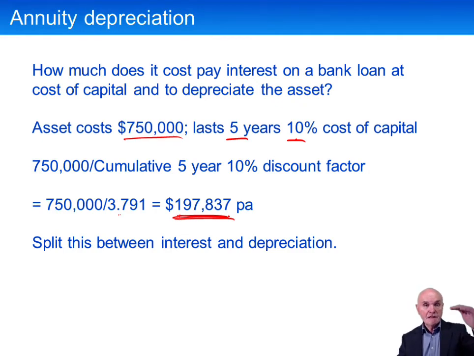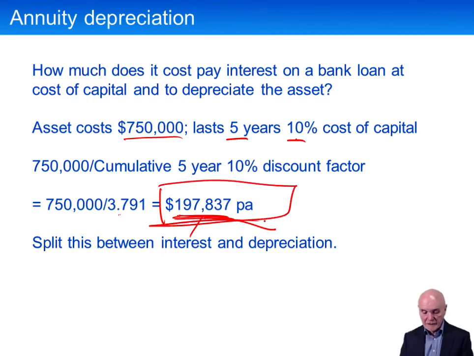The first year there's lots and lots of interest and a little capital repayment. The last year you've repaid lots of capital, interest is quite small, and most of that, 197,000, is going to be a repayment of capital. And what we do is, in a way, a bit of a fiddle. What we're going to be saying is that the interest and the depreciation each year are going to amount to that 197,837.